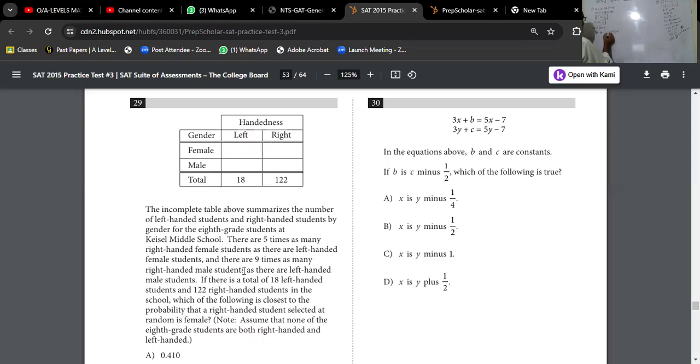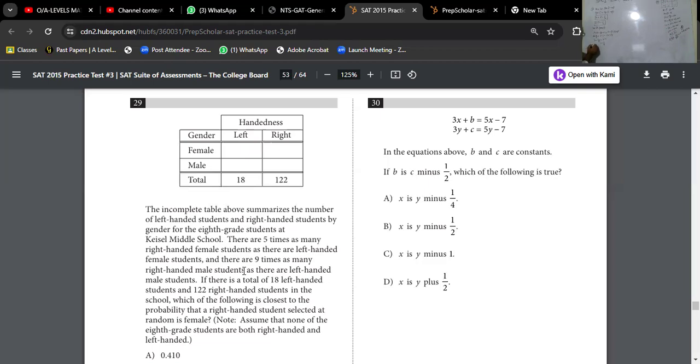So this and this cancel. So we can write 3x minus 3y plus b minus c is equal to 5x minus 5y, or if we shift it to this side, 2x minus 2y is equal to b minus c, where b minus c is equal to minus half.